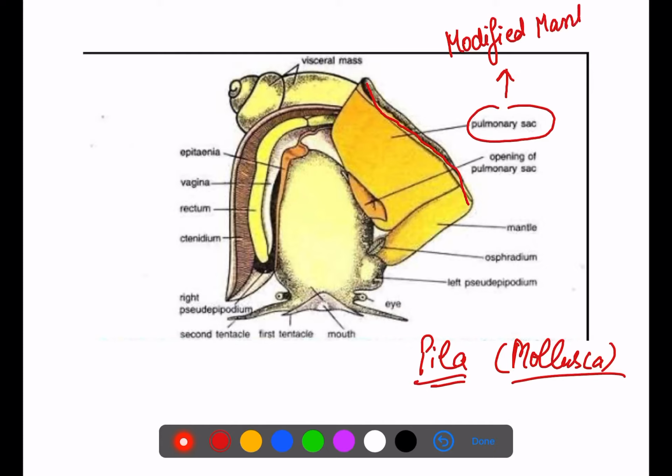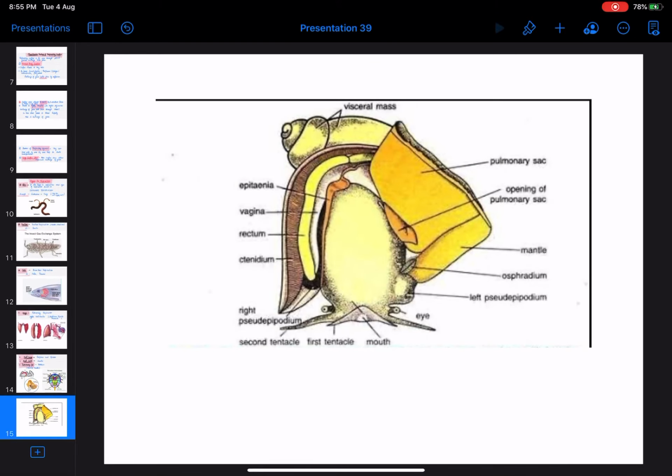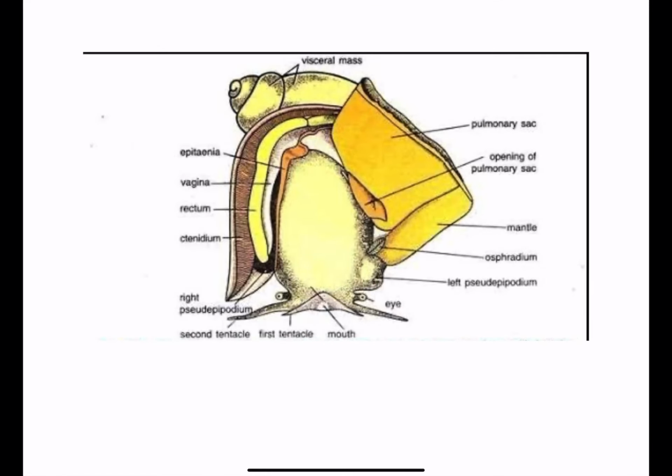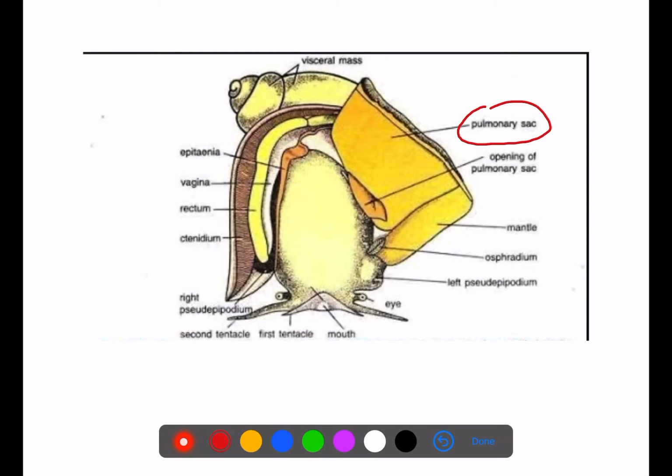If you recall your ninth class, which is difficult to recall, I know that. We discussed that the Mollusca group has a mantle, and that mantle is modified into the pulmonary sac, right?